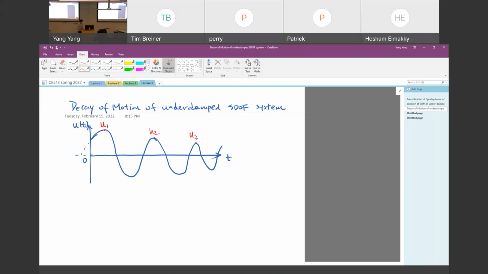So for example, we have cycle 1. This is called the first cycle of vibration, and this is the second cycle of vibration, where we have the third and maybe somewhere the i-th, i plus 1.